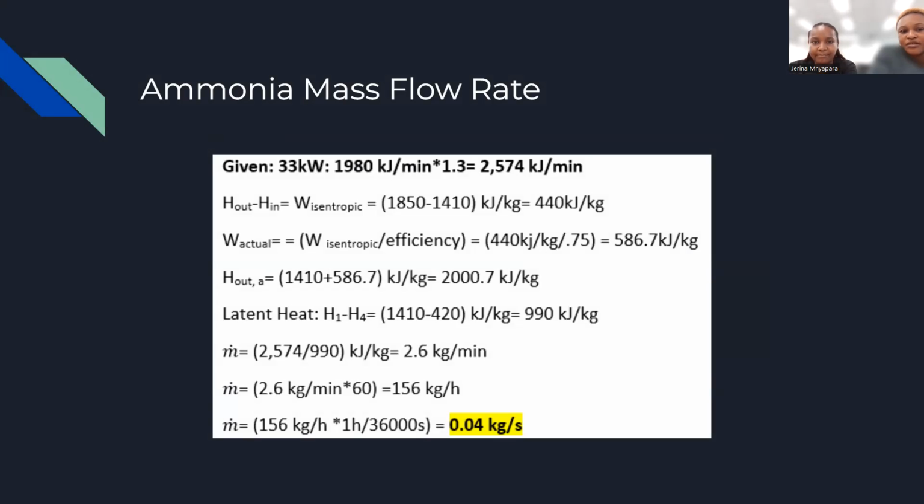We first calculated the isentropic work, which is H out minus H in, which is H2 minus H1. And then we got 440 kilojoules per kilogram. After that, we calculated the actual work, which is the isentropic work divided by its efficiency, which is 440 kilojoules per kilogram divided by the efficiency.